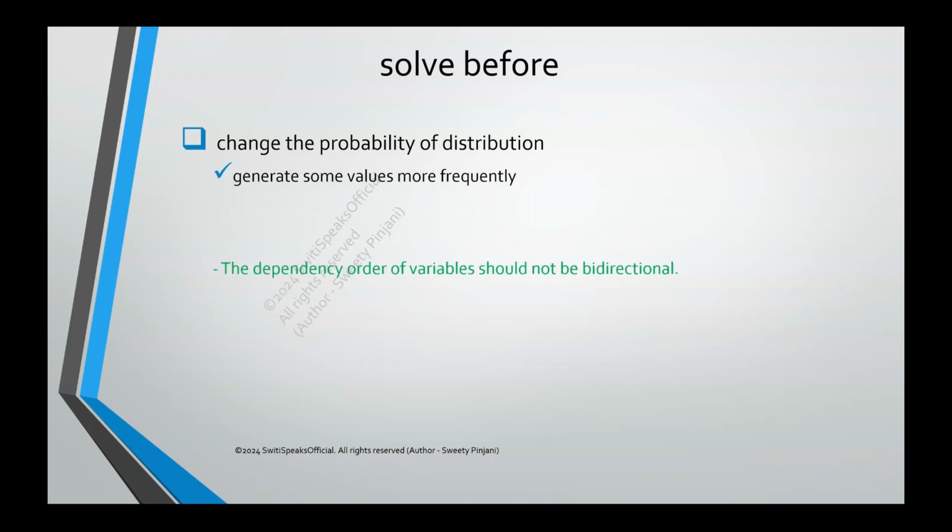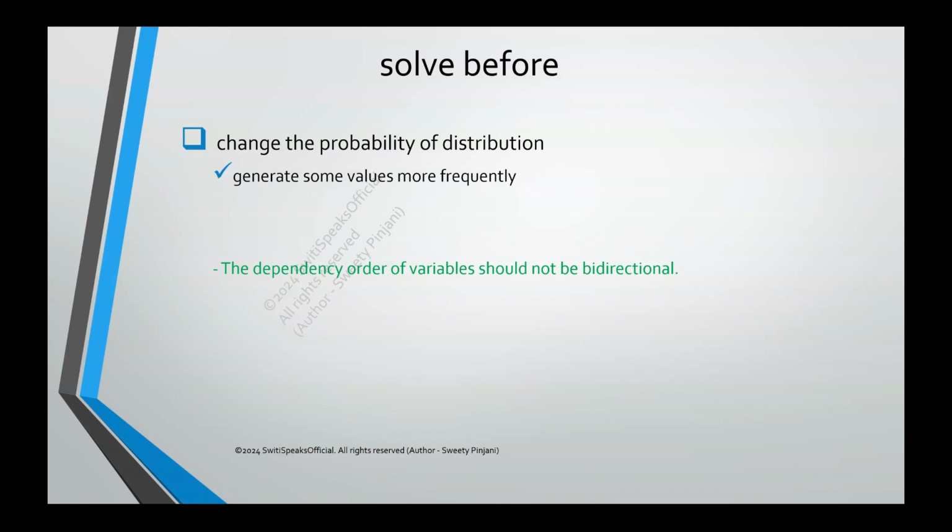Some important points you should remember while using solve before: the dependency of variables in solve before cannot be bidirectional. What do I mean by this? Say I have two variables A and B. If I say solve A before B, then I can't say solve B before A. Or say I have two variables x and y.